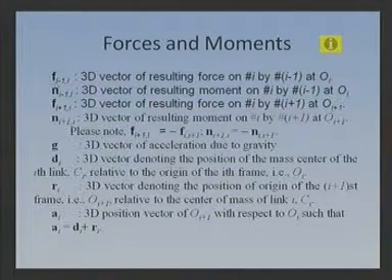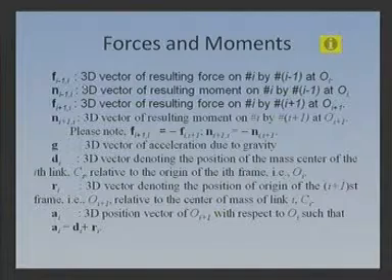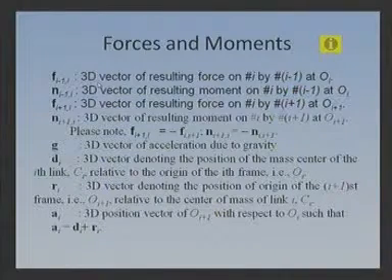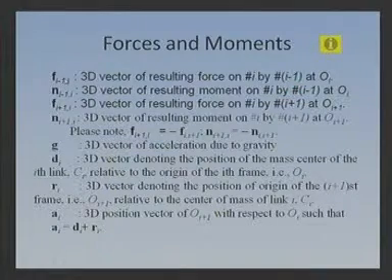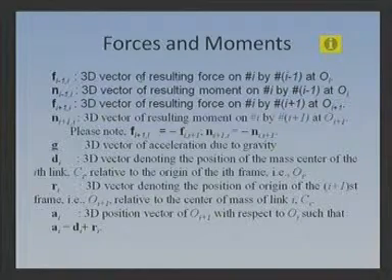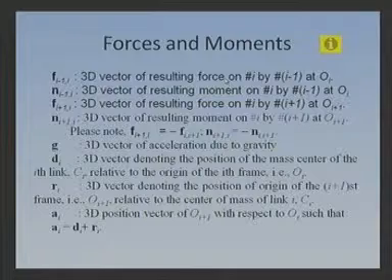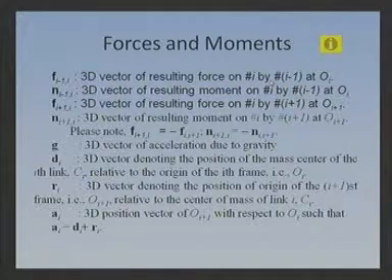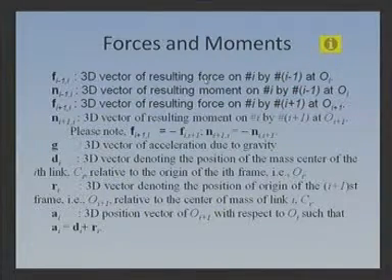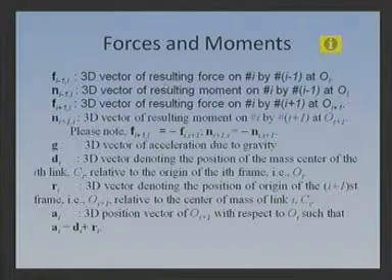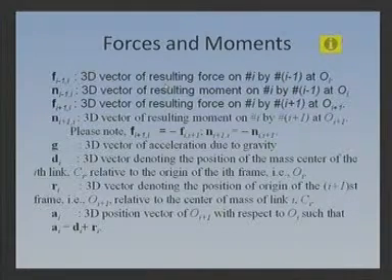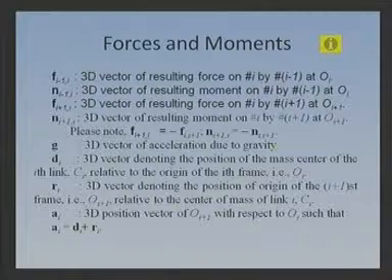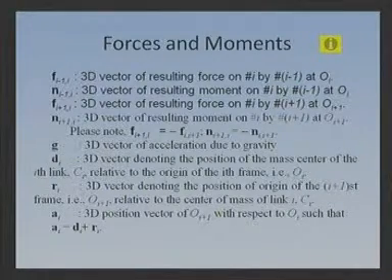So, f I minus 1 comma I is a 3-dimensional Cartesian vector. This means it has an x component, y component and z component. It is the 3D vector of resulting force on I by I minus 1 at OI. The meaning of resulting force is what I was telling you, that physically it may be somewhere else, but we are taking it with respect to OI.